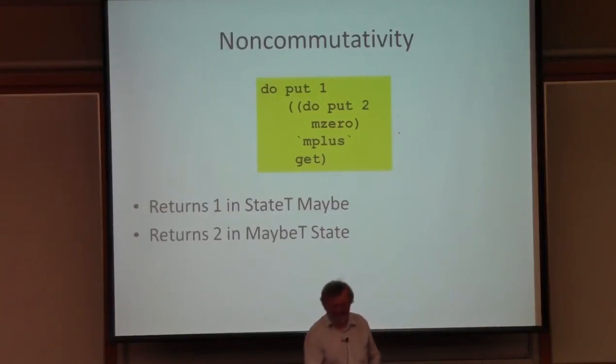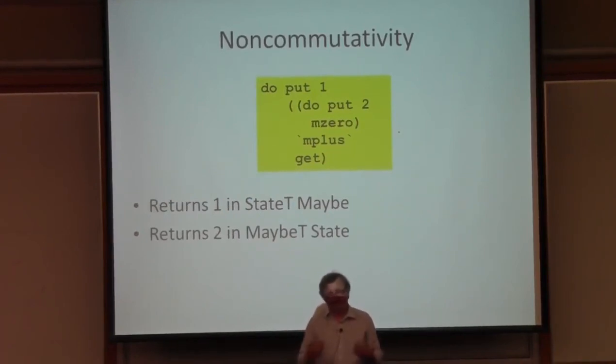So if we're in state t of maybe, then as we saw, state t provides a state, but both alternatives of a choice run in the same state. So in that case, this code will return 1. If we're in maybe t of state, that doesn't happen, and the code will return 2.